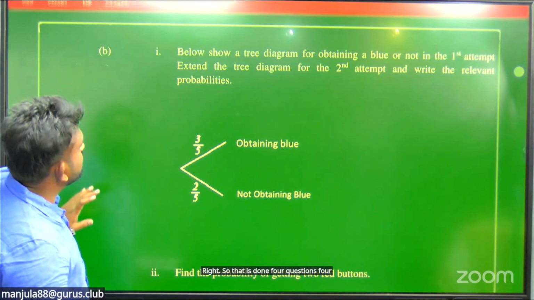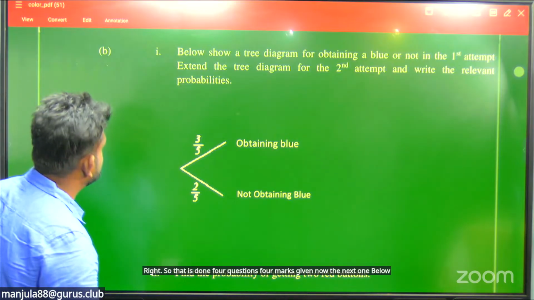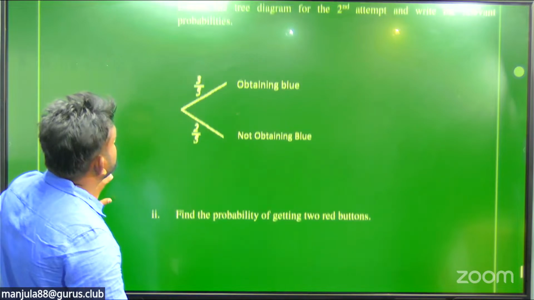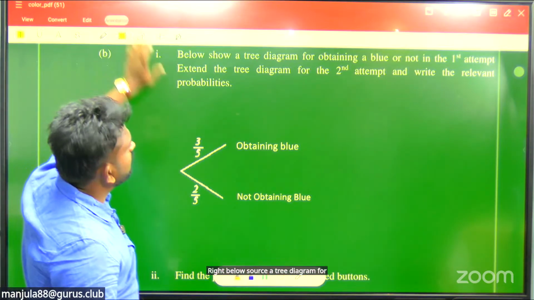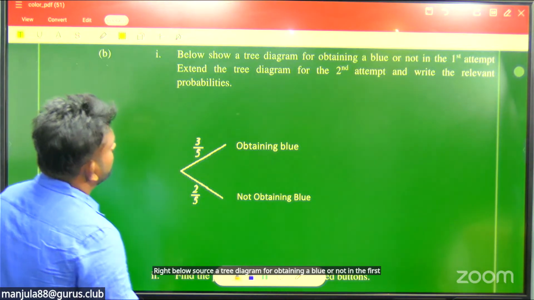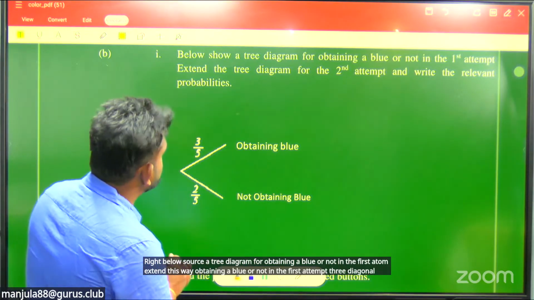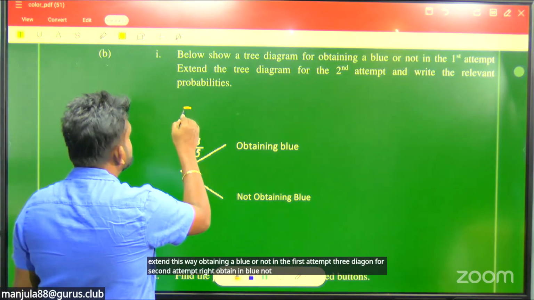Now the next one. Below shows a tree diagram for obtaining a blue or not in the first attempt. Extend the tree diagram for the second attempt and write the relevant probabilities. Right. Obtaining blue, not obtaining blue, here the first attempt.